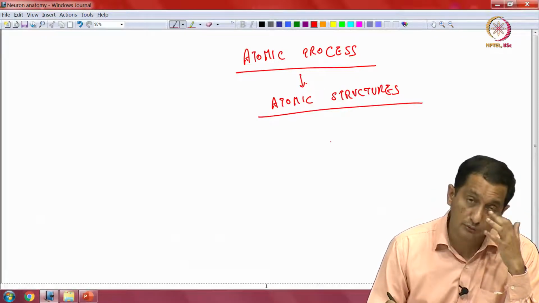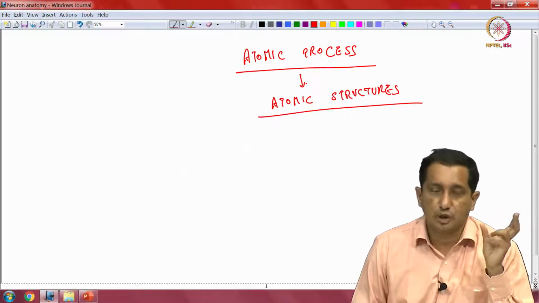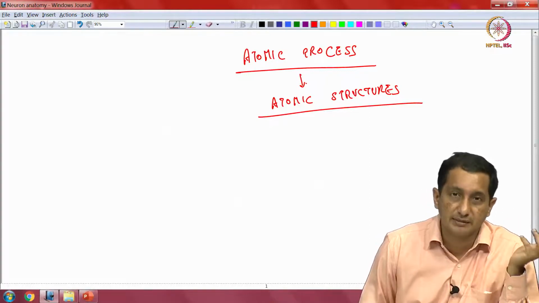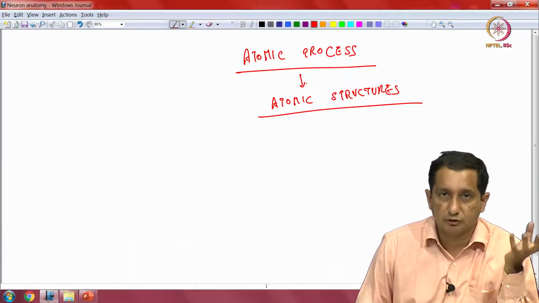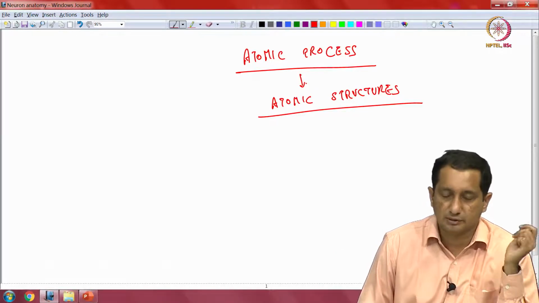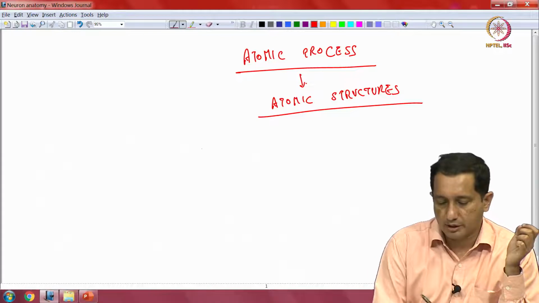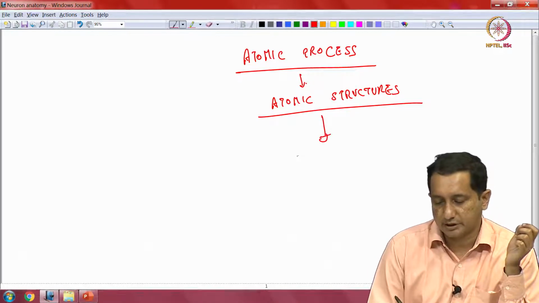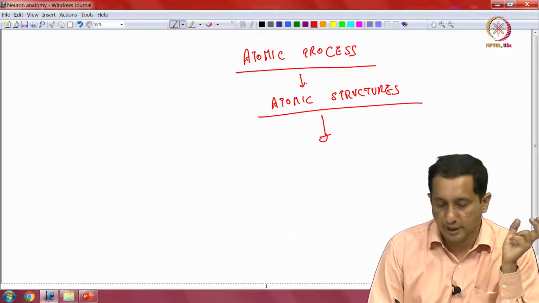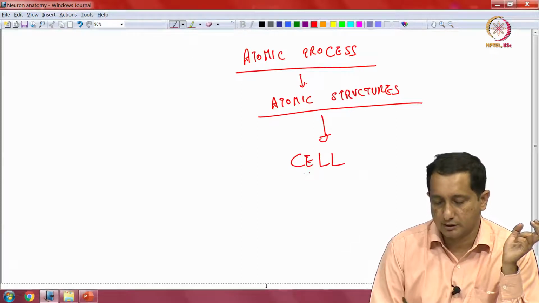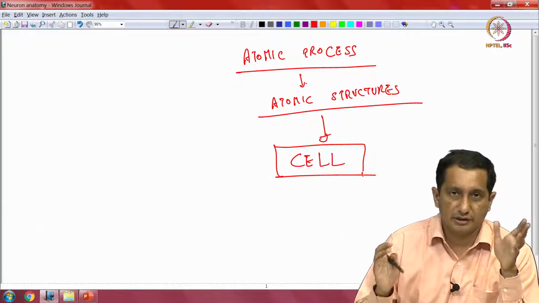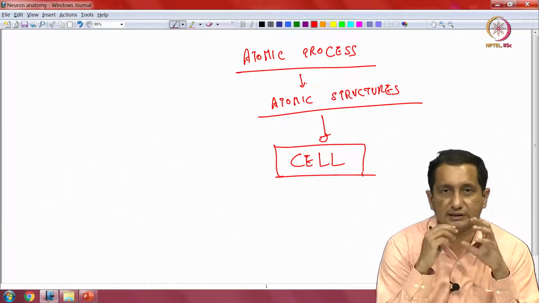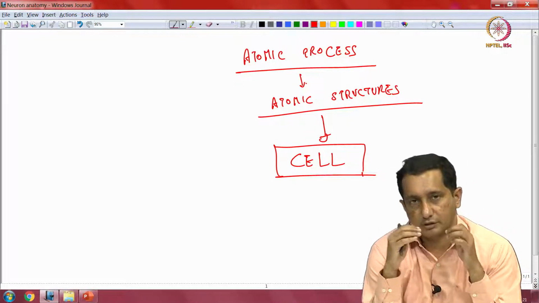So, what constitutes the single smallest entity which is functionally independent, structurally independent, and can do some work or has some responsibility attached to it? Now, the basic atomic structure in biology is the cell. A cell is an entity which is considered the fundamental unit of biology.